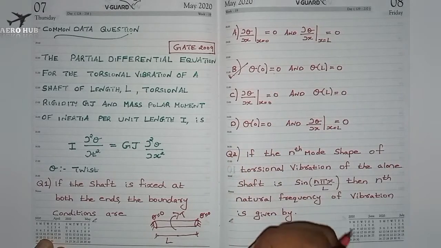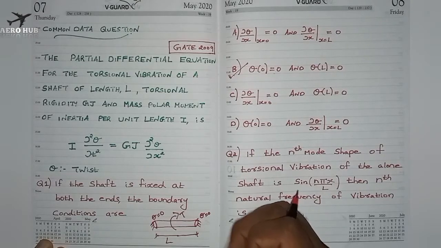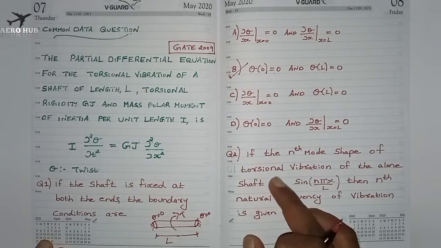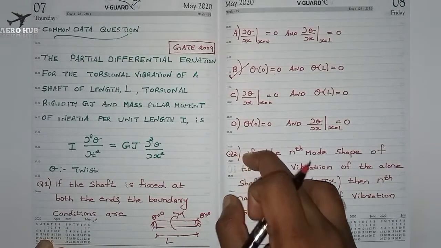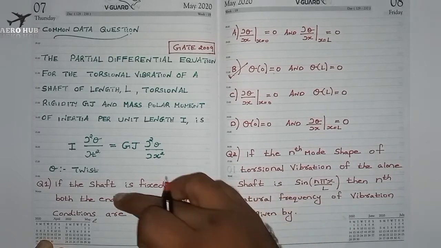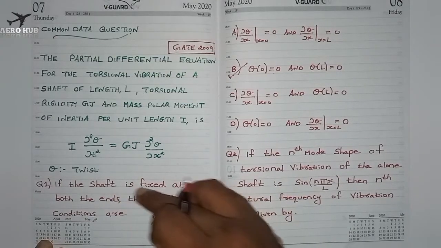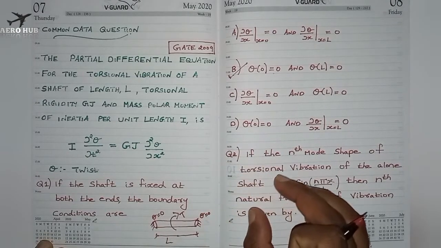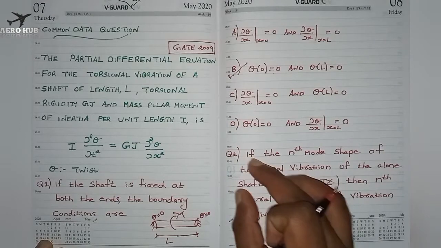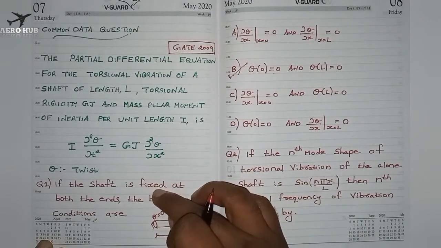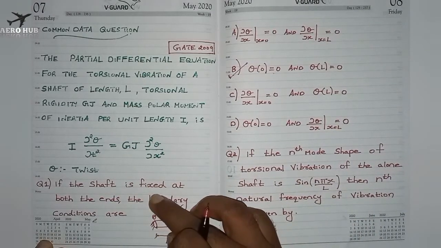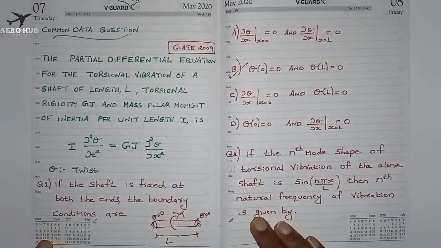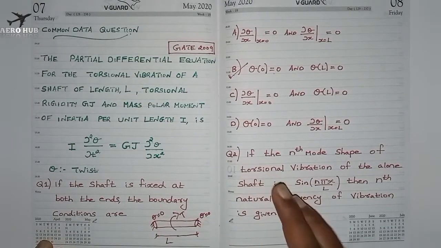In question number 2, they haven't given the boundary condition, but in the previous question they gave that the shaft is fixed at both ends. So we can assume the boundary condition of question number 2 will be the boundary condition of question number 1. Since this is a common data question, we can do that. If it is some other question, they will give the boundary condition.